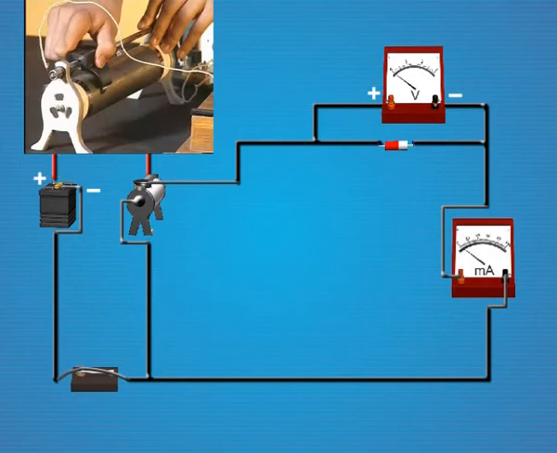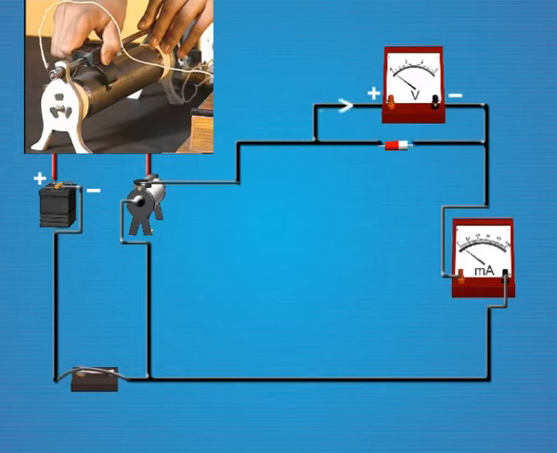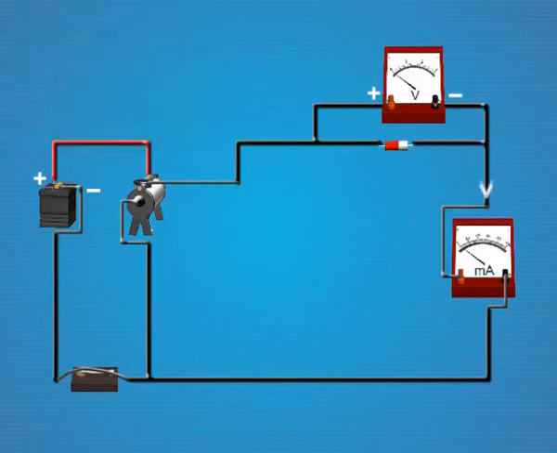Move the contact towards the positive terminal of the battery to apply the forward bias voltage.